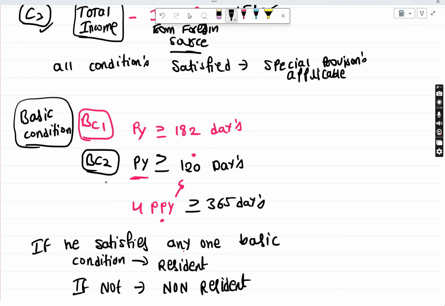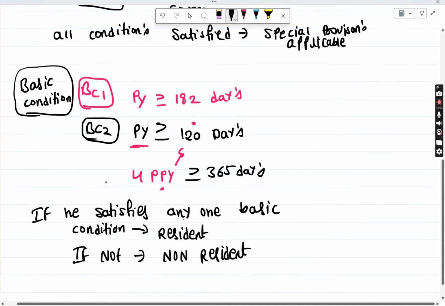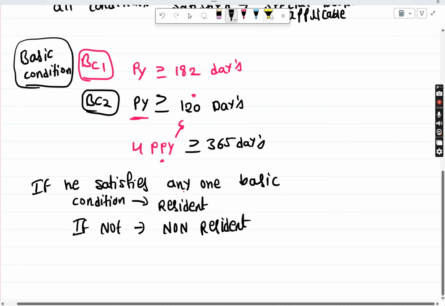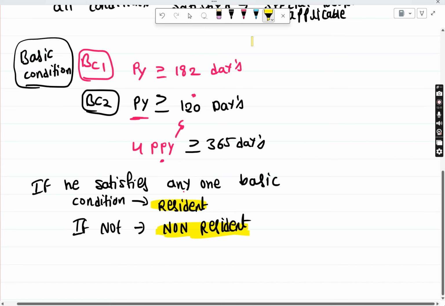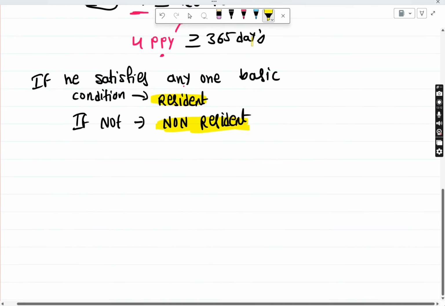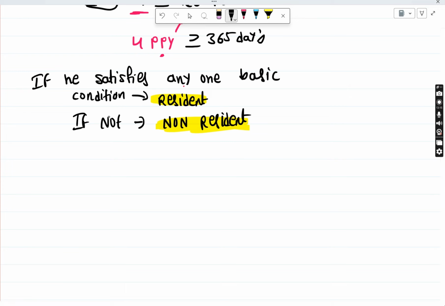If any one condition is satisfied, then he will be called a resident. These are basic conditions. If it is not satisfied, then he will be non-resident. If he becomes a non-resident, then leave it, no problem. Let's just say he became a resident.